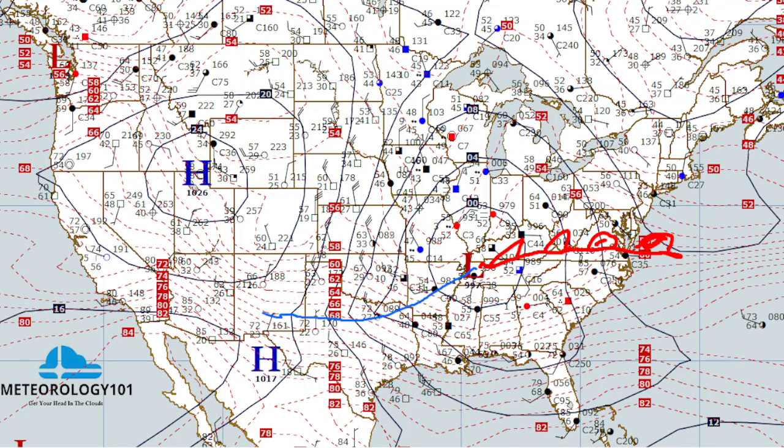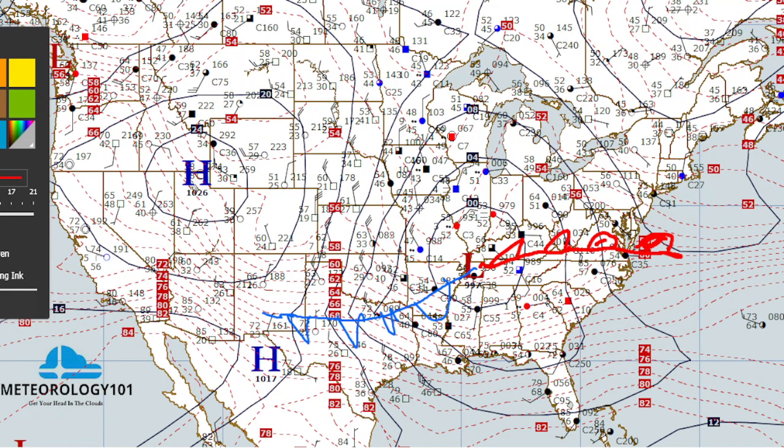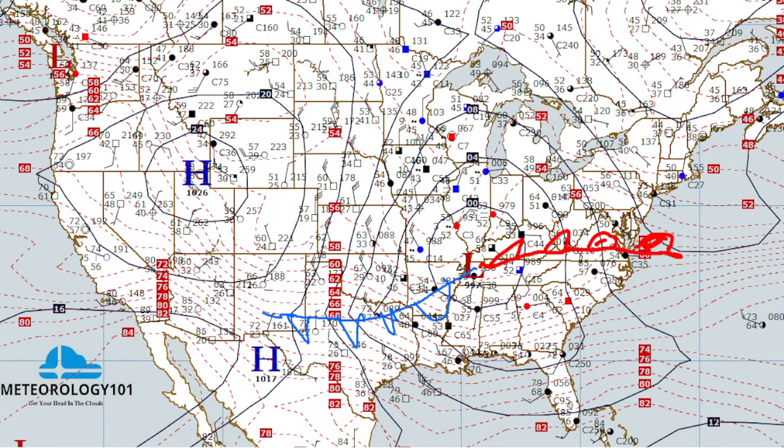Now, what do we got going on here? Let's thin that out. We got one thin line, one thick line. It's okay. Now, if I was to pick out my southerly flow, see, we got a westerly flow, southwesterly flow, and we got an easterly flow, rotation right there.